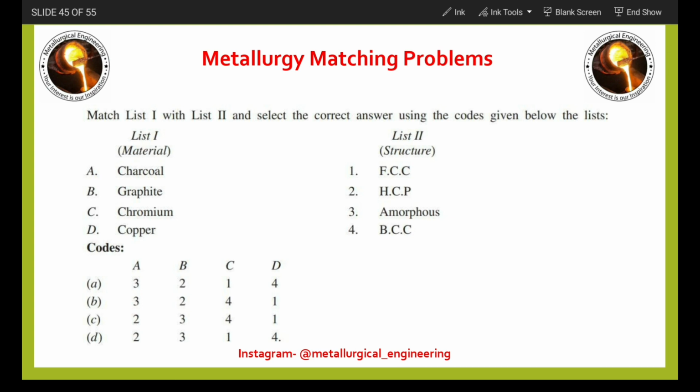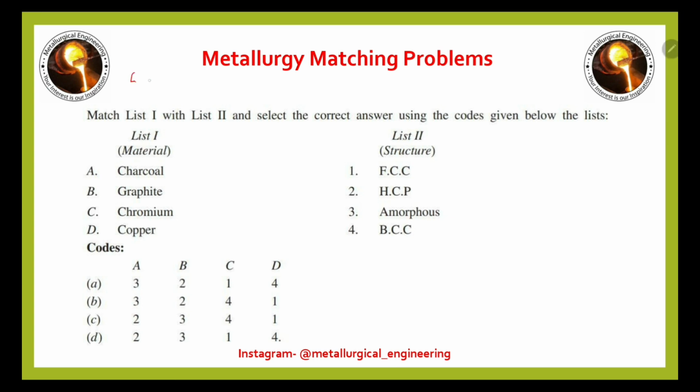The next problem is the 44th. Match list 1 with list 2 and select the correct answer using the code given below. It shows different materials and the structure of these materials.